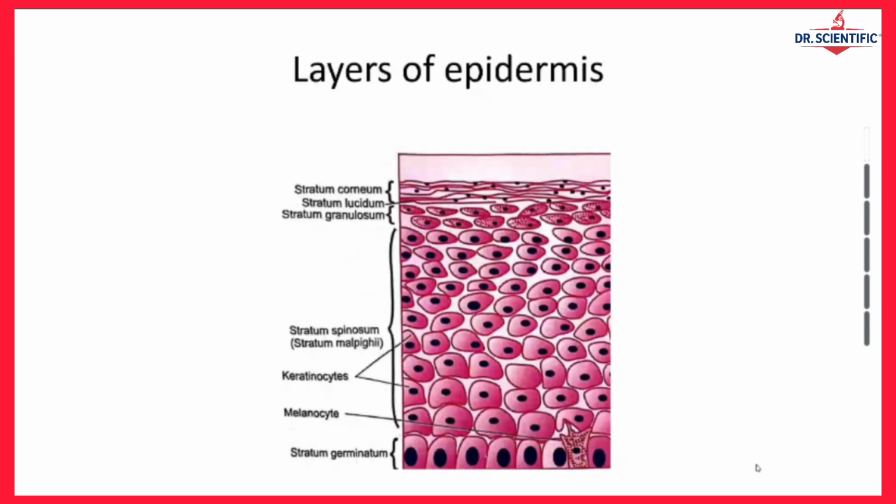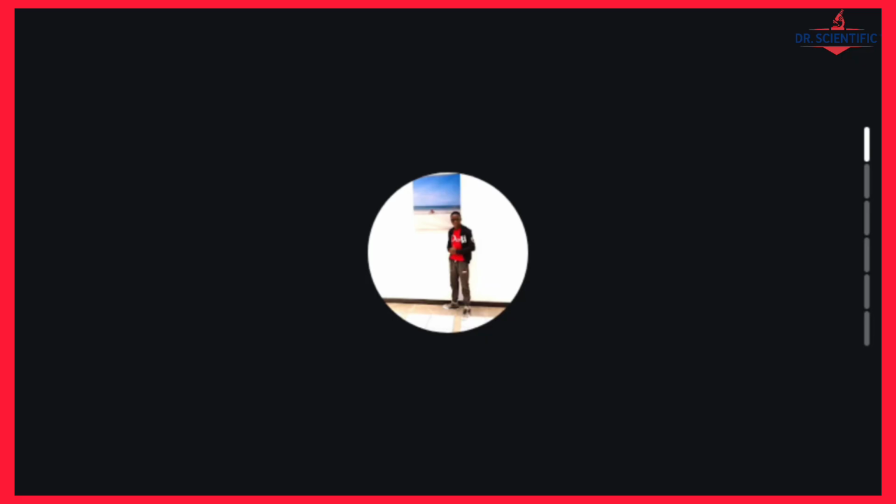Unlike the basal layer, the stratum germinativum, where the cells are more or less cuboidal. Keratinocytes are basically the cells of the epidermis. You can see those layers as you go up.